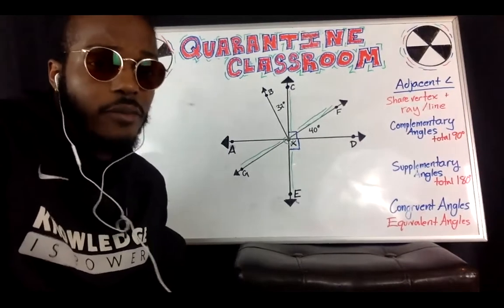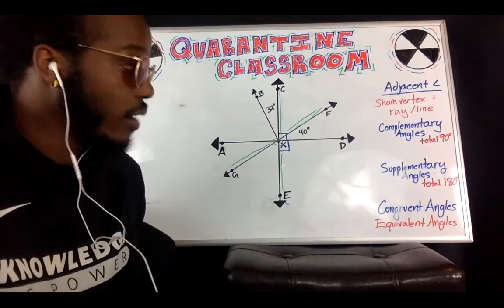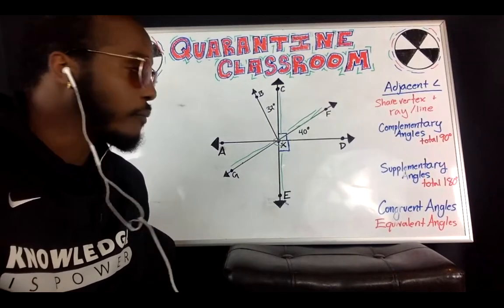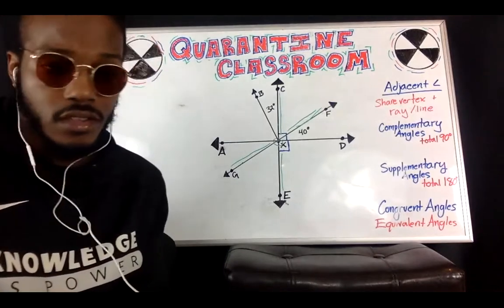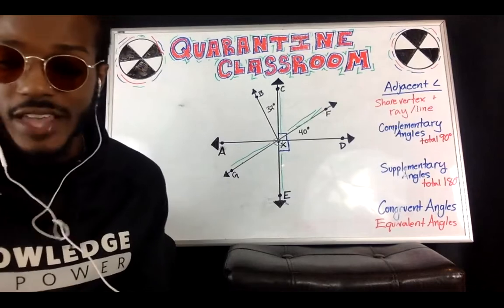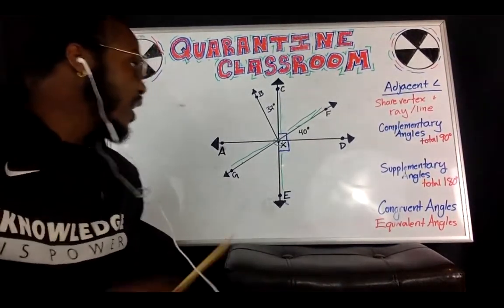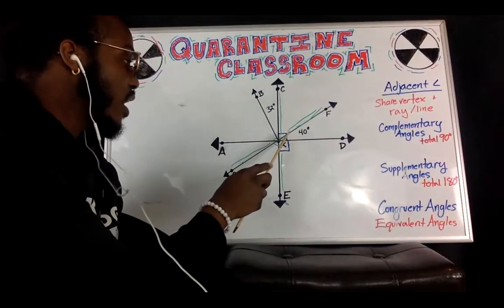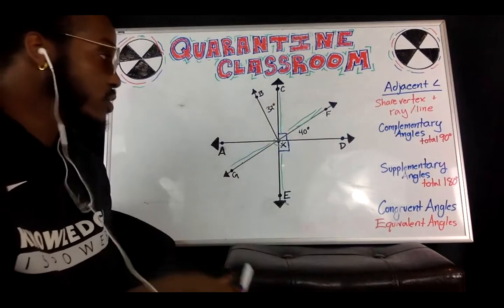The next new thing that we want to talk about are complementary angles. And complementary angles are defined as 2 angles that when you add them together equal 90 degrees. So an example of a complementary angle, if we look at angle CXB, we see that it's 32 degrees.